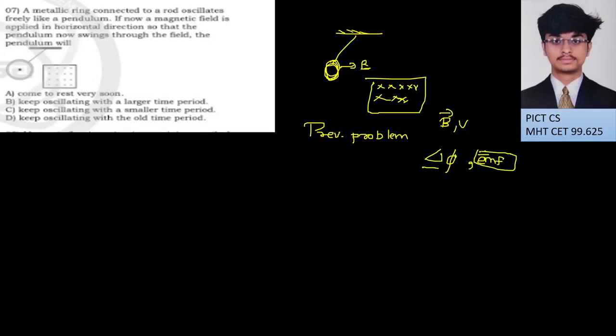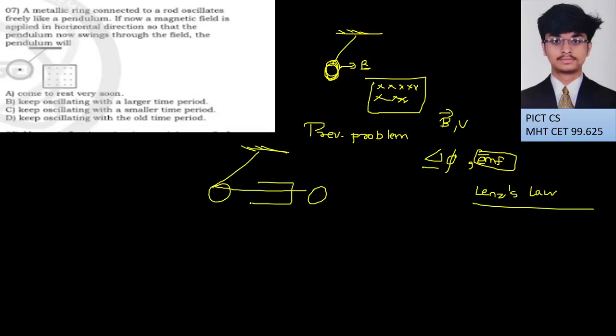According to Lenz's law, this ring will face some opposition, maybe in the form of energy dissipation. The ring was initially here, then it went here, and it's oscillating, right? During this process, as there is a field present here, due to Lenz's law it will face opposition in the form of energy dissipation.